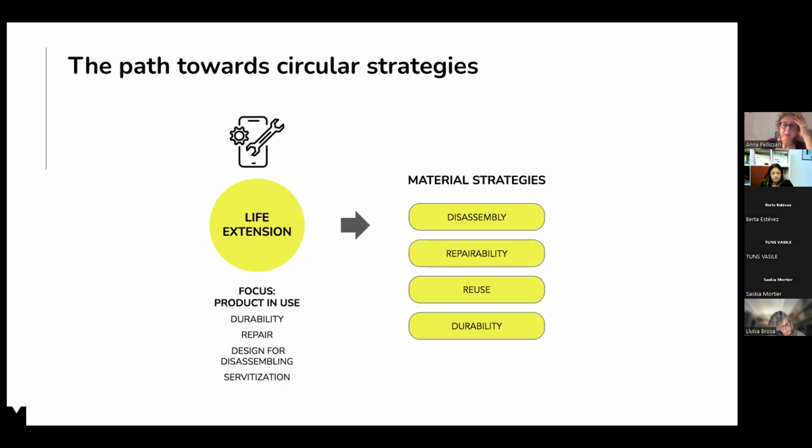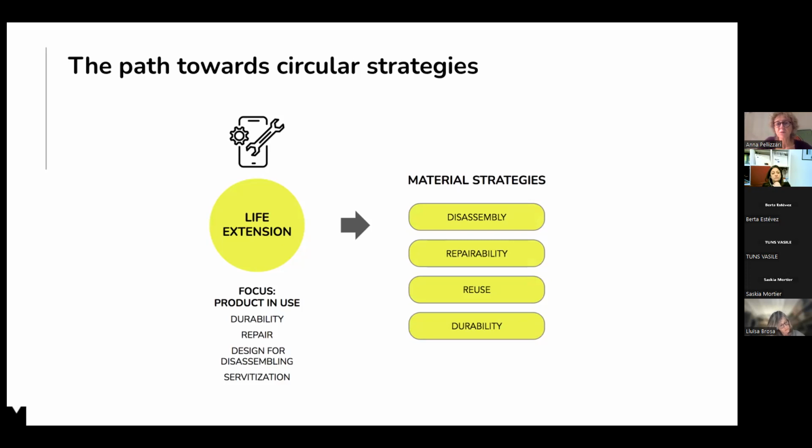Repairability, clearly, is regulated, so it's something that companies must do in certain industries, but it's also something that many companies are trying to implement even without being asked by any regulation.